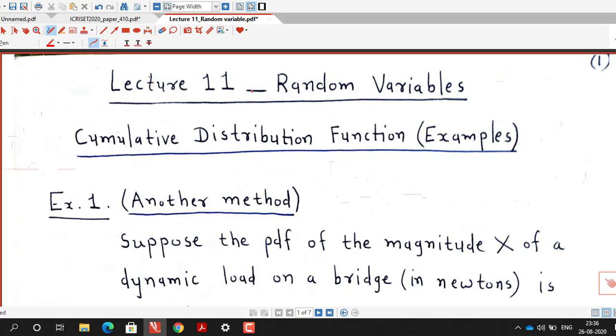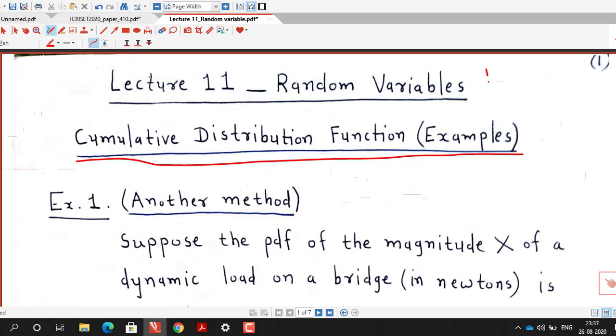In the previous lecture we have defined the cumulative distribution function of a continuous random variable, and we have explained one example of how to find the cumulative distribution function from a given probability density function.